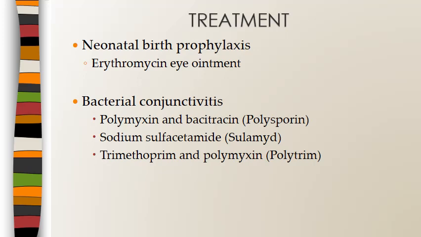Children and infants who have bacterial conjunctivitis are treated with polymyxin and bacitracin, or with sodium sulfonamide, or trimethoprim and polymyxin, or Polytrim. So these are the type of drops that we will be placing in the child's eyes.